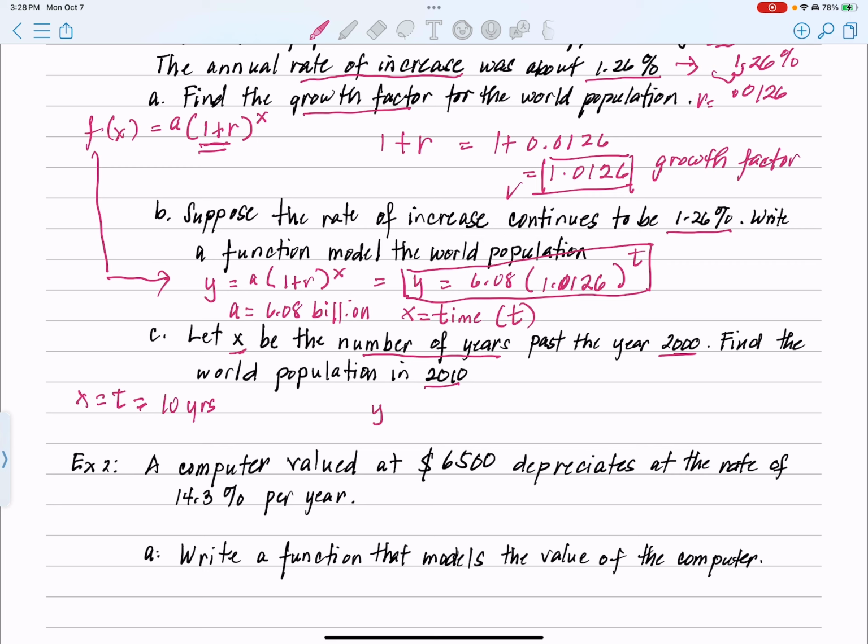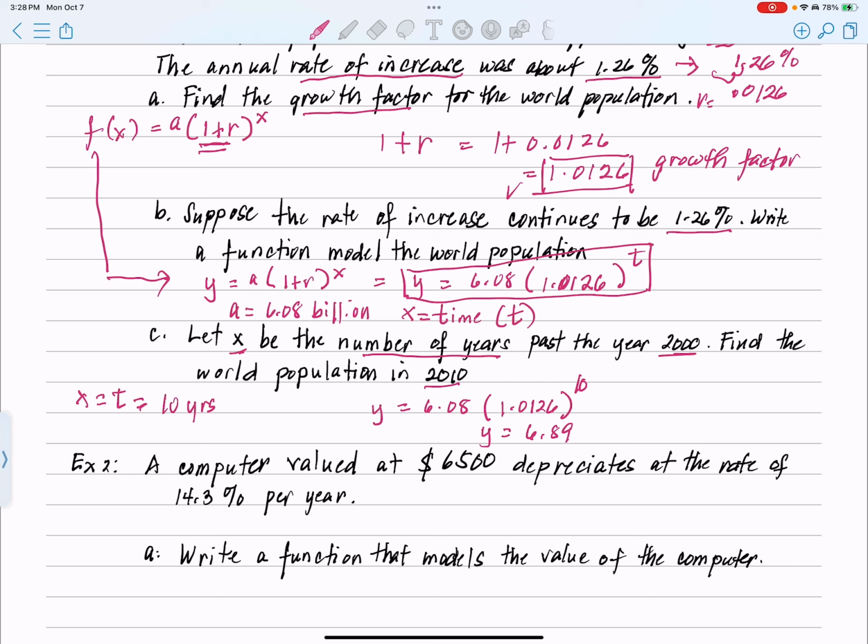Substituting to the equation, y equals 6.08 times 1.0126 to the power of 10. It will be easier for us to compute using the calculator.